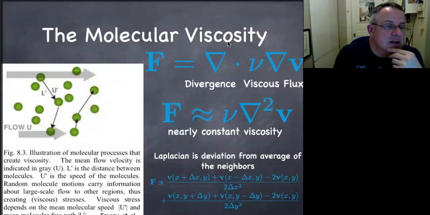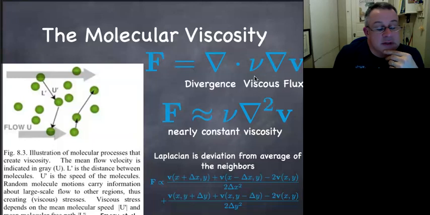And we talked a little bit about the molecular viscosity last time. You can go into a lot more complicated detail and think about this as a divergence of a viscous flux of momentum, not of energy. This helps you think about the way that the surface wind provides a flux of momentum into the surface, and that flux is getting transferred down and down and down through the Ekman spiral.